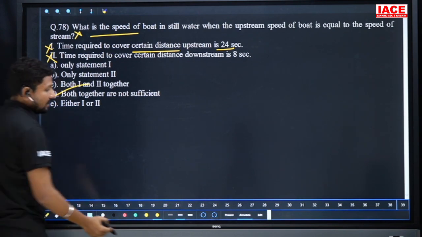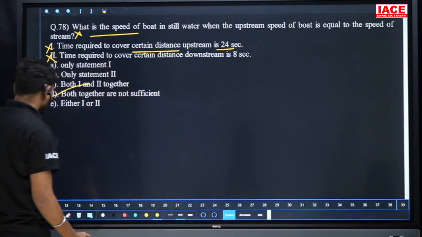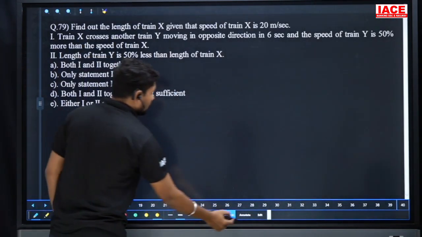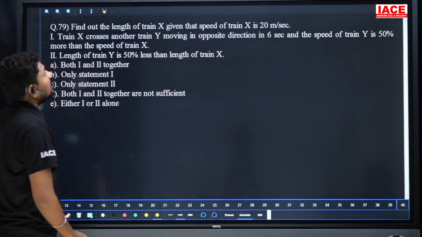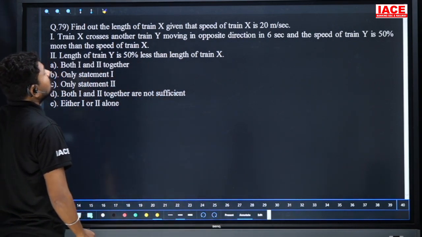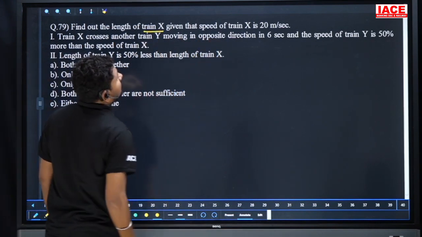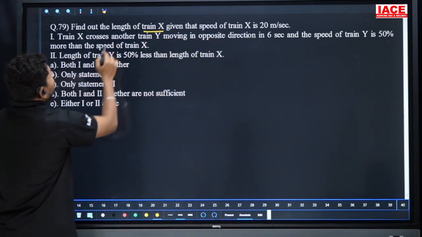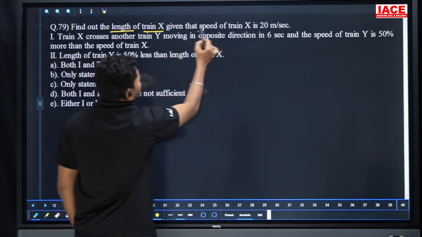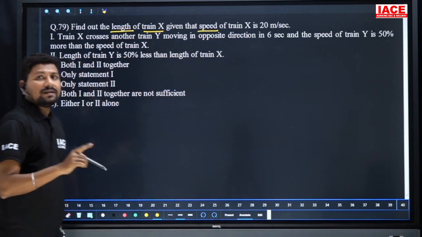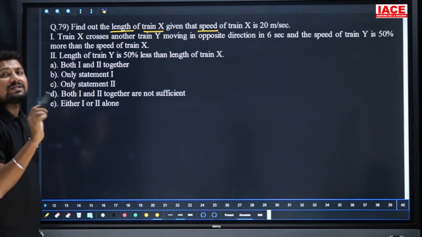Both together not sufficient. And coming to the next question: find out the length of train X, given that the speed of train X is 20 meters per second. We require length, but they have given what? Speed. If you know the speed, then to calculate length you compulsorily need time.